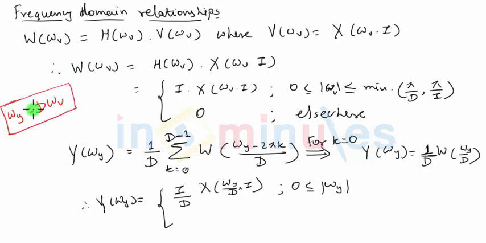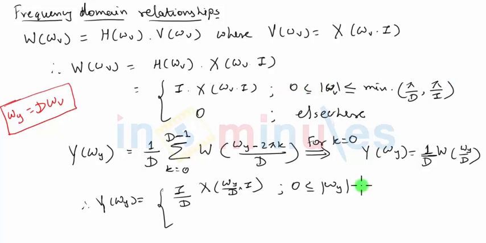Omega v is the frequency corresponding to the sampling rate at the input of the decimator. So considering this expression, if I replace omega v with respect to omega y, I'll have to multiply everything by d, because omega v is omega y by d. So when I write the expression with respect to omega y, I'll have to multiply omega v with d.